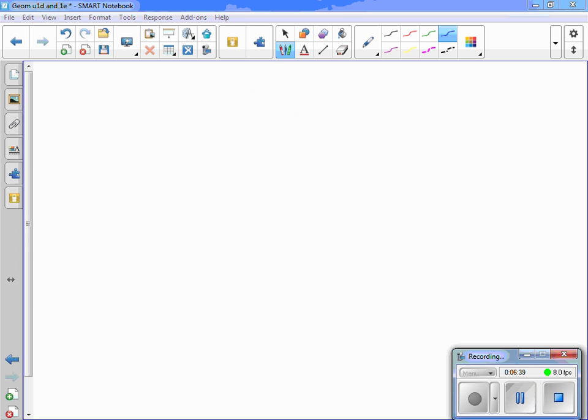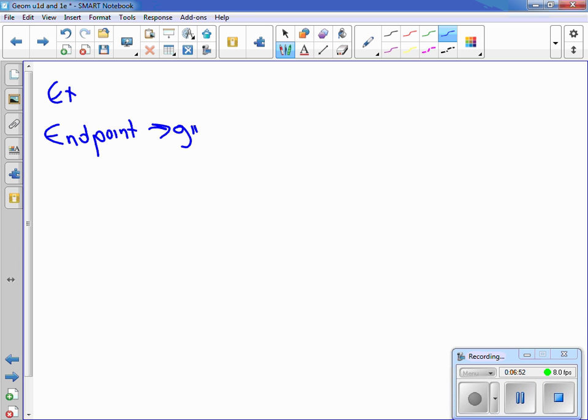Okay, so this is our example for how to find an endpoint given the midpoint. There is no trick to this. It is essentially just working that formula and manipulating it algebraically.